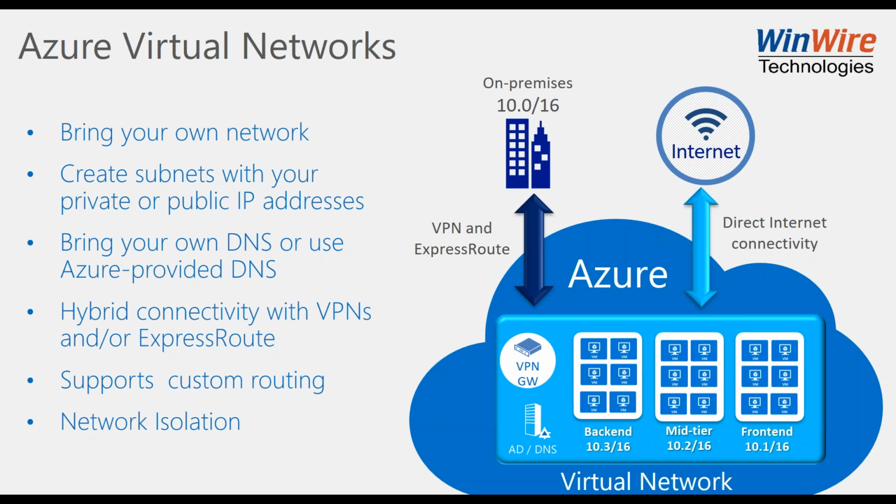And then again, I just discussed the hybrid connectivity with the VPNs and ExpressRoute. You can pretty much support your own custom routing, and then there's network isolation. If you have VLANs, for instance, that are set up on your switches, they're not supported in Azure. So just be aware of that up front.